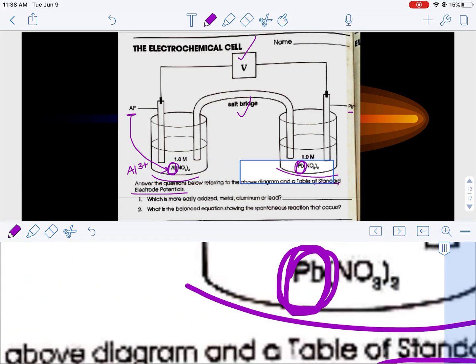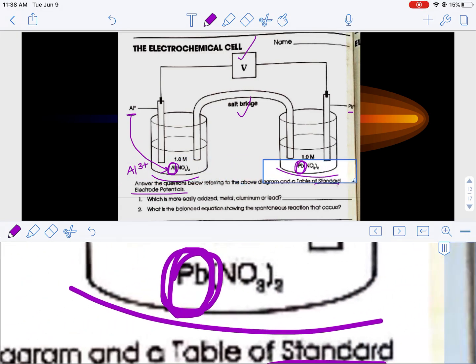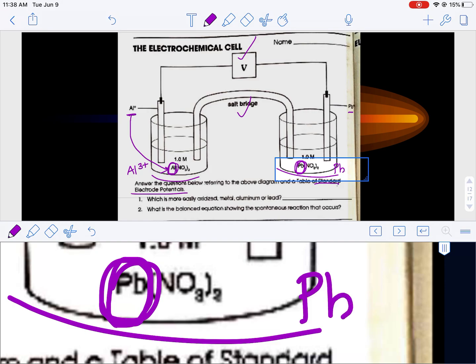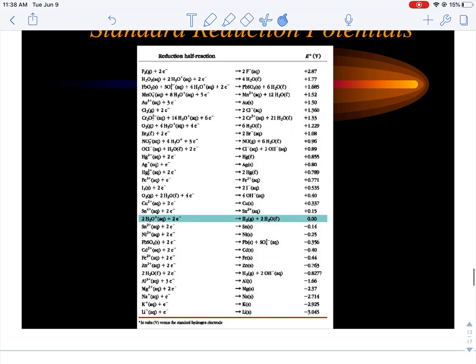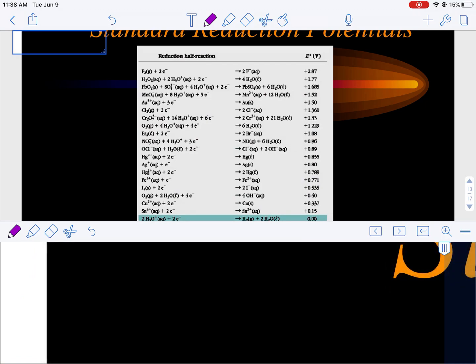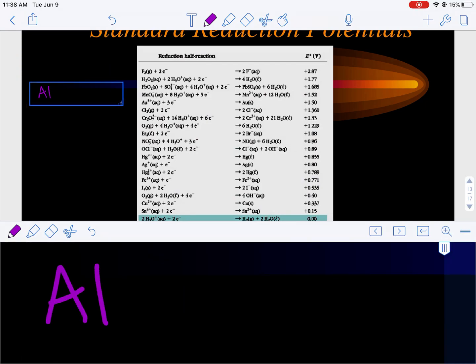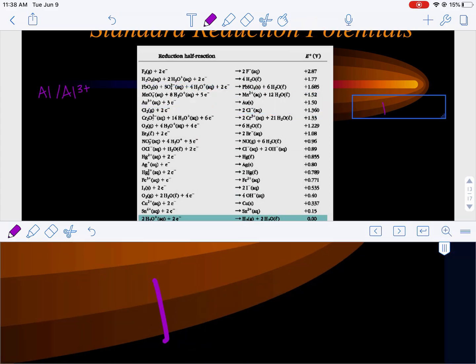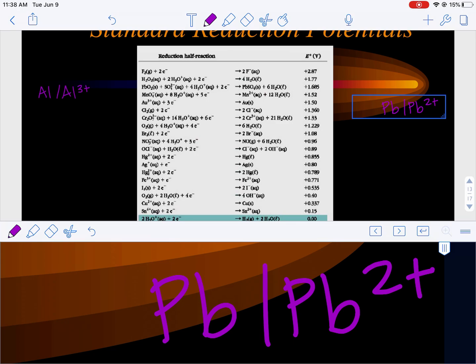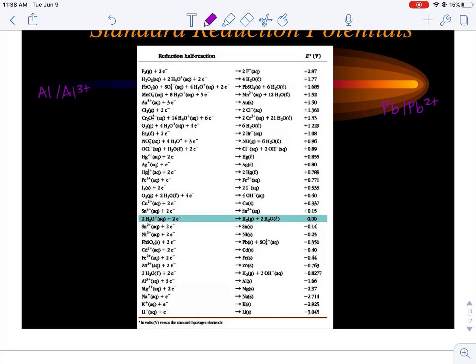And I know that I've got lead, based on the formula, going to the lead 2+ ion. So I'm going to go to my standard reduction potential chart, and I'm going to look for the aluminum to aluminum 3+, and I'm looking for the lead to the lead 2+. And I'm going to see where they show up.